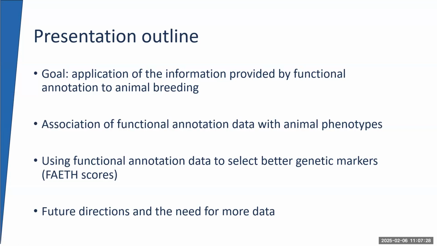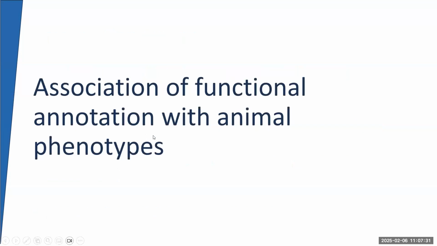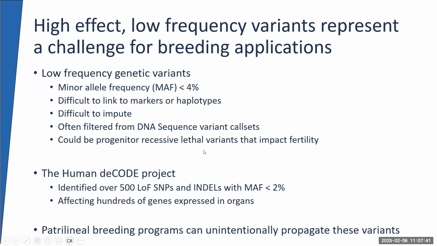So first, I'd like to start with an example of some of the classical techniques that me and my group have published several times or have incorporated into our breeding programs. And the real problem that we're trying to address here is the fact that many of the variants that affect our populations tend to be low frequency but high effect genetic variants.